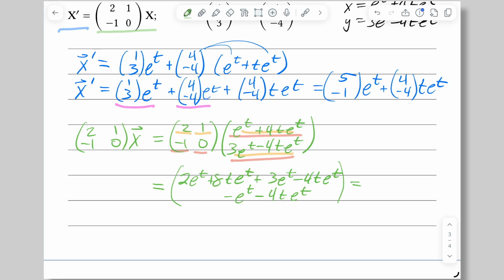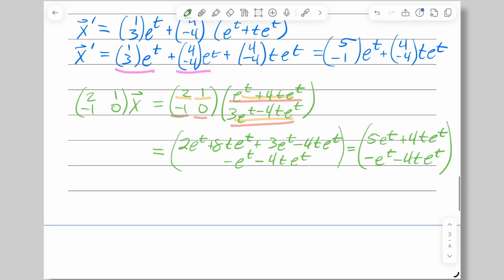Collecting like terms, we can see that that's going to be 2e to the t plus 3e to the t, which is 5e to the t, plus 8t e to the t minus 4t e to the t is plus 4t e to the t. And then that bottom entry doesn't change at all.